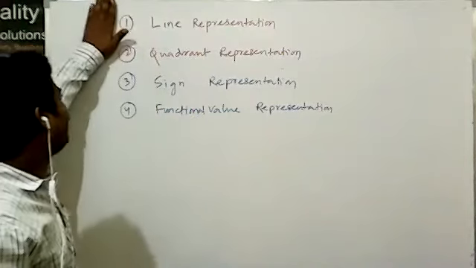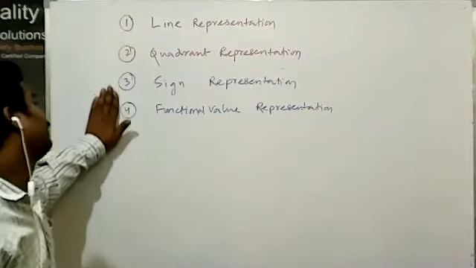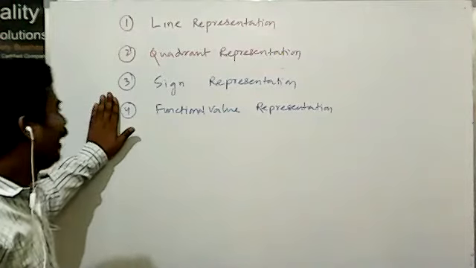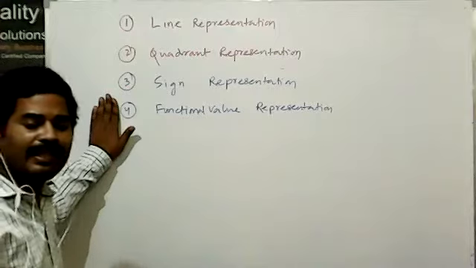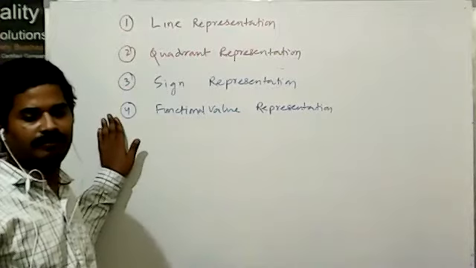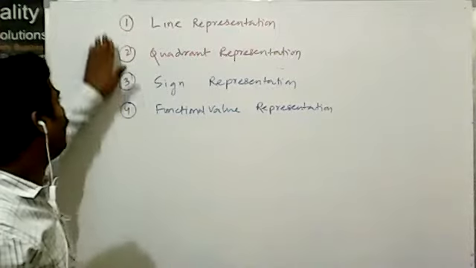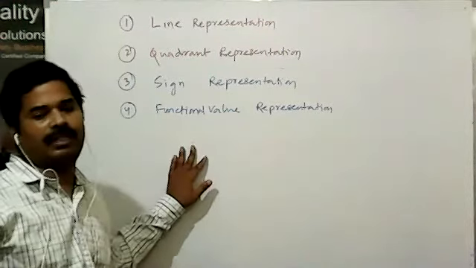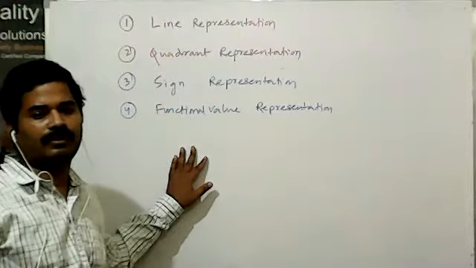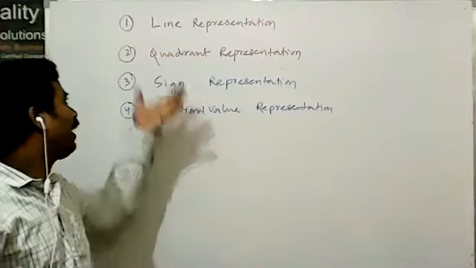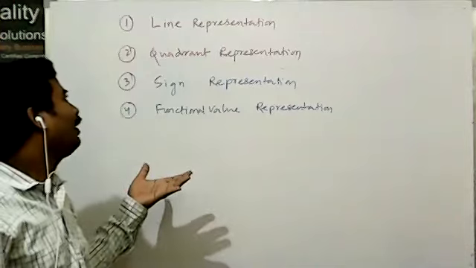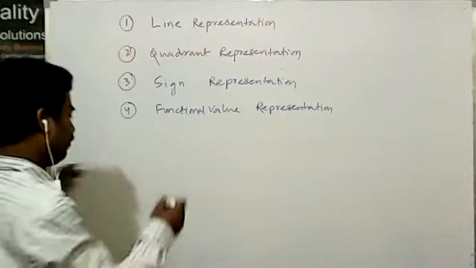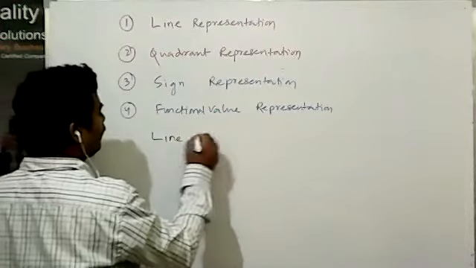By using these representations, we can find the value of the trigonometric function, or we can find more trigonometry values. Okay, so first of all we have to find out the line representation. What is line representation? We will write line representation.